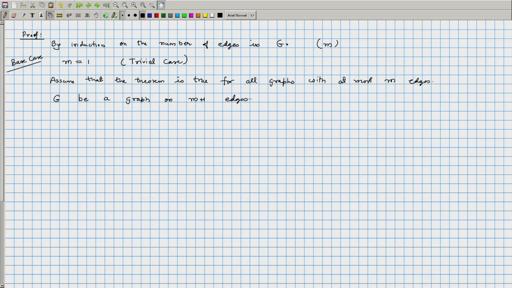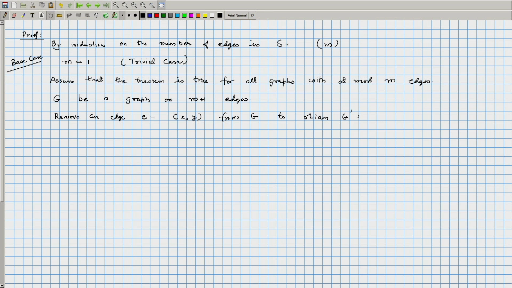We can just remove one edge from G. So remove a particular, arbitrary edge. So let us call that the edge (x, y) from G to obtain G prime. So we just removed one arbitrary edge, and we will get a smaller graph.